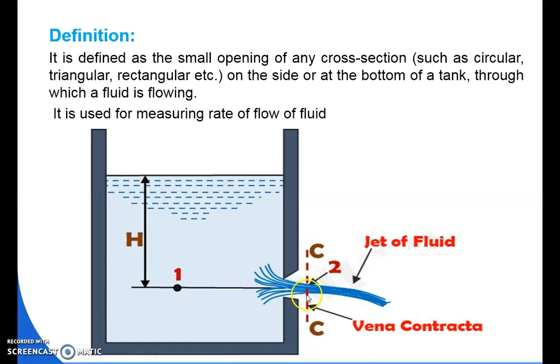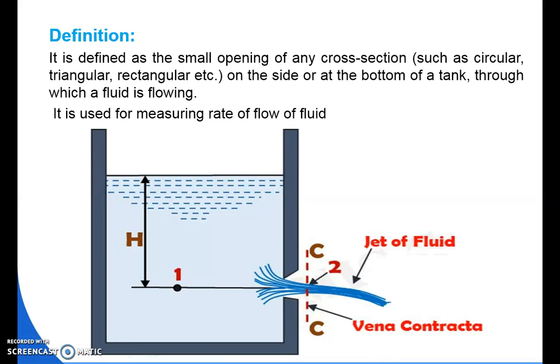We observe that while the liquid flows, there is a point at which the flow lines are parallel and straight. After that point, the flow turns downward. The point is known as the vena contracta point, and the section is known as the vena contracta section.